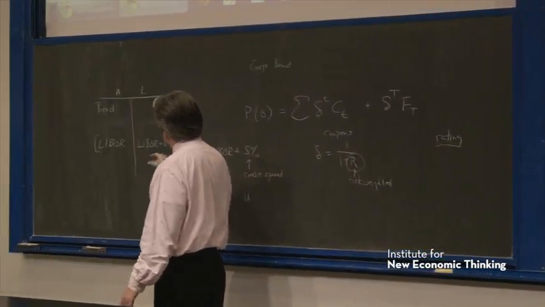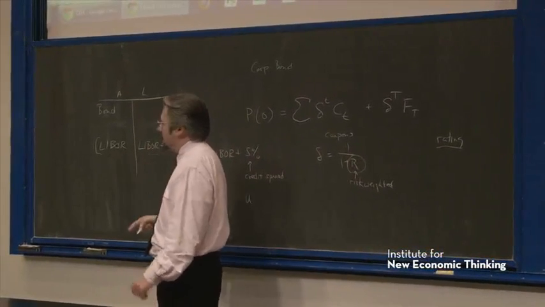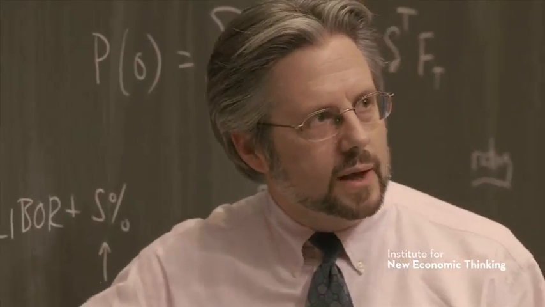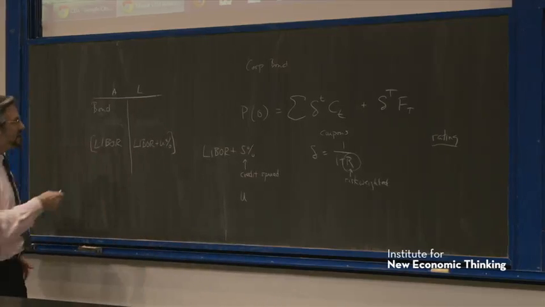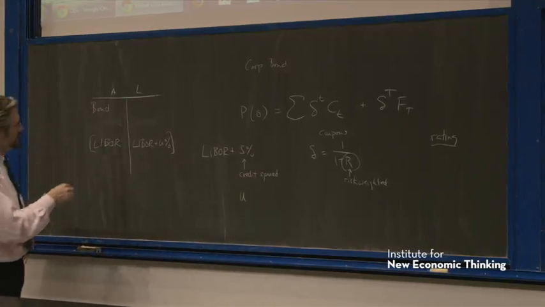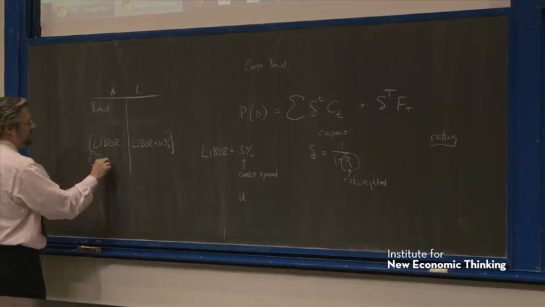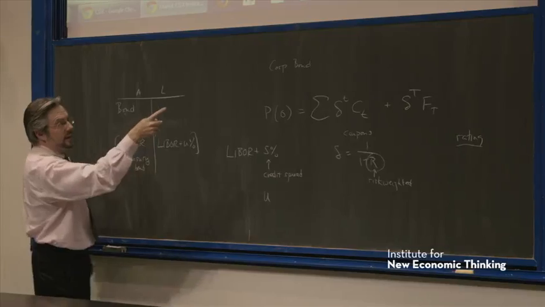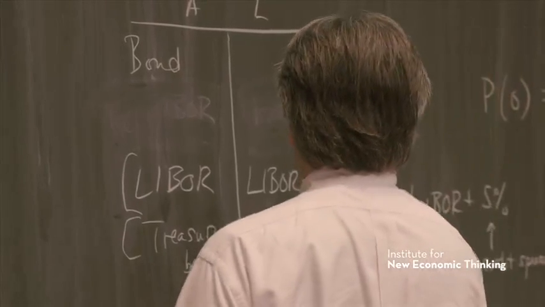This is what happens in the time when the coupons are still viable. What happens when there's default is that we revert to that picture there, where there's the Treasury bond, the principal payment here, and the corporate bond here.